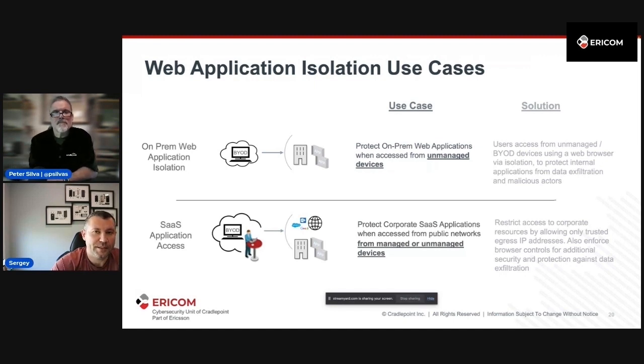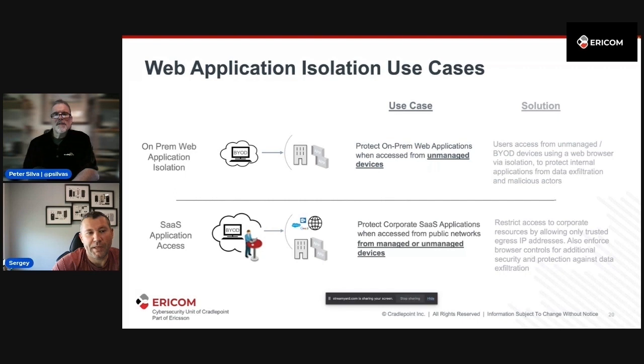The second type is legacy on-prem web apps, where we would like to add security controls to make sure they follow zero trust best practices, and which we would like to expose through web application isolation to ensure those protections are in place.